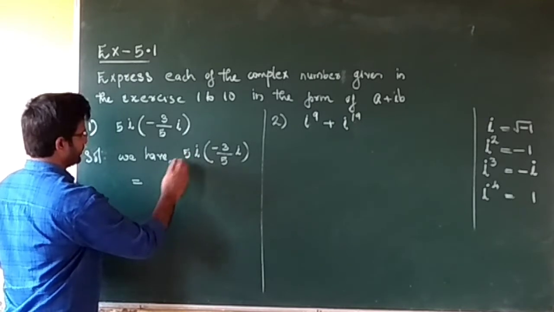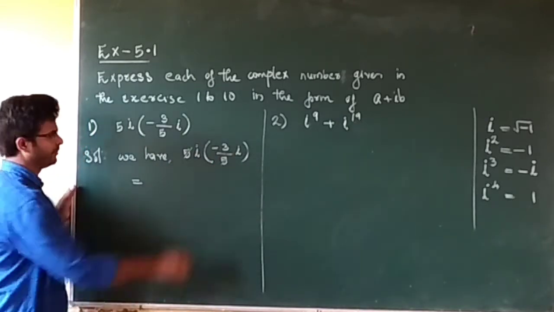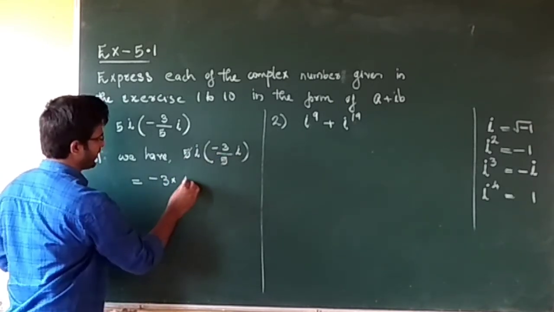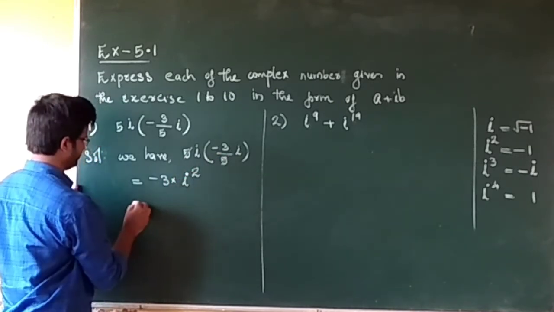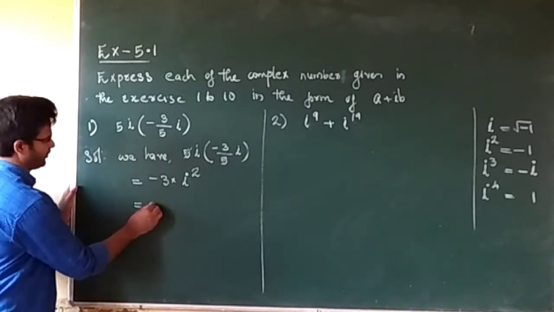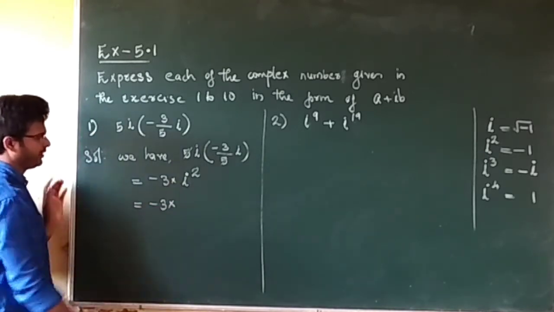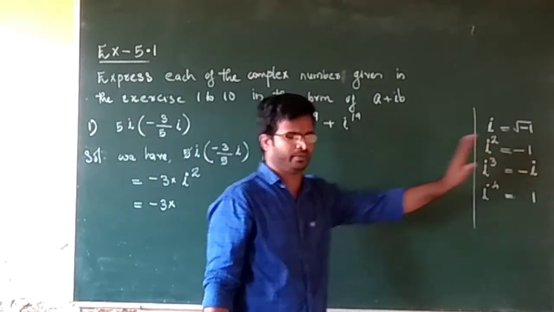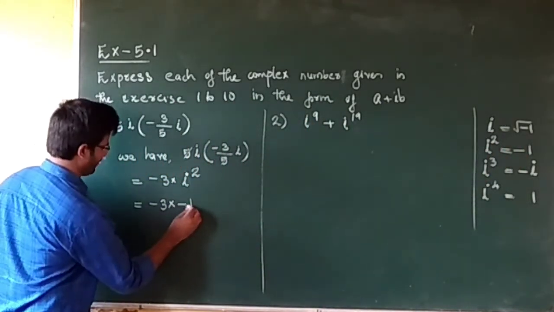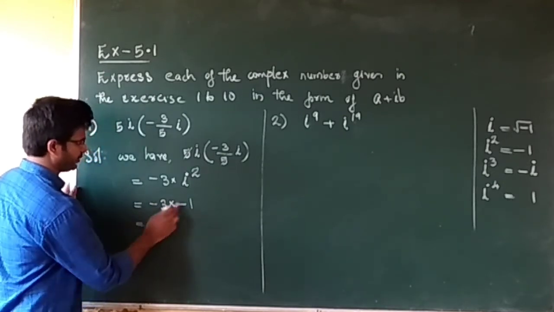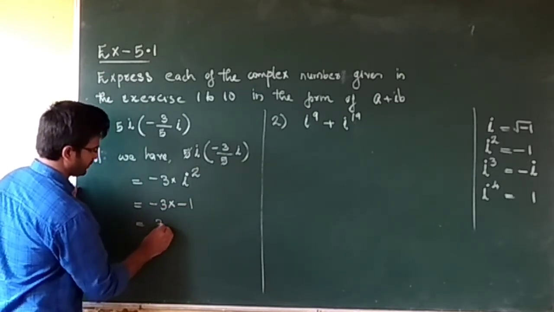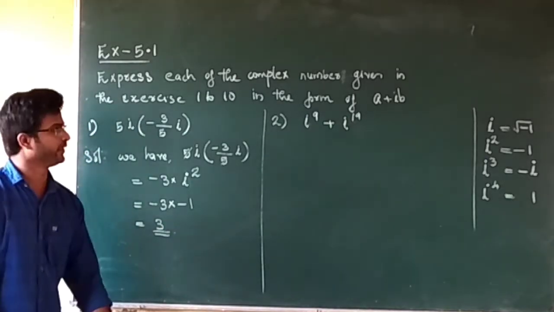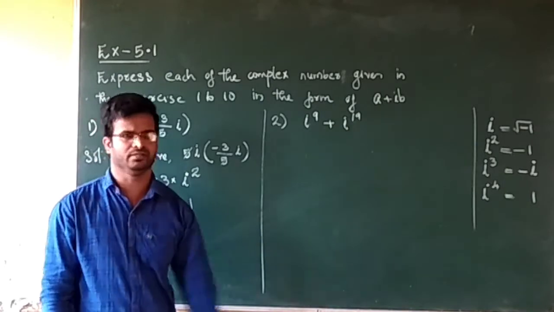Here 5 and 5, just cut it, then remaining only minus 3 into i into i, we can write i square, equal to minus 3 into i square. What is i square? i square means minus 1. Already you know, isn't it? Minus 3 into minus 1 equal to minus into minus plus, 3 into 1, 3. This is our required complex number in the form of a plus ib.